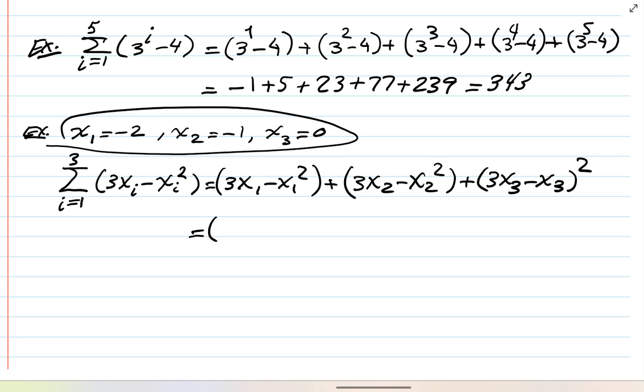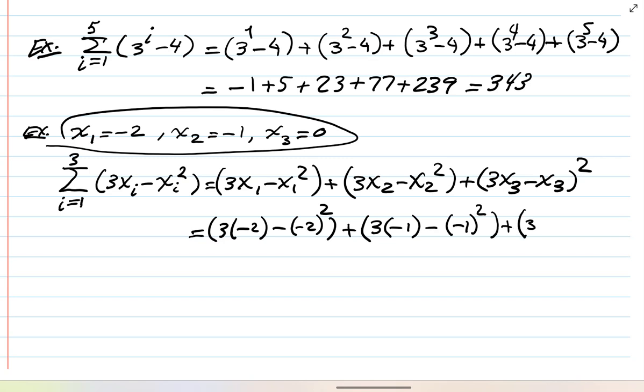The first one is going to be 3 times negative 2 minus x sub 1, which is negative 2, but then it gets squared, so I'm squaring that. So that's the first expression. Plus, how about the second expression? 3 times x sub 2, which is negative 1, minus negative 1 squared. Plus x sub 3 is 0. That's 3 times 0, minus 0 quantity squared.